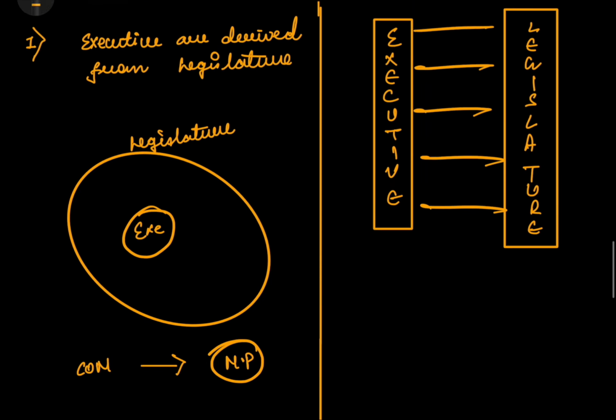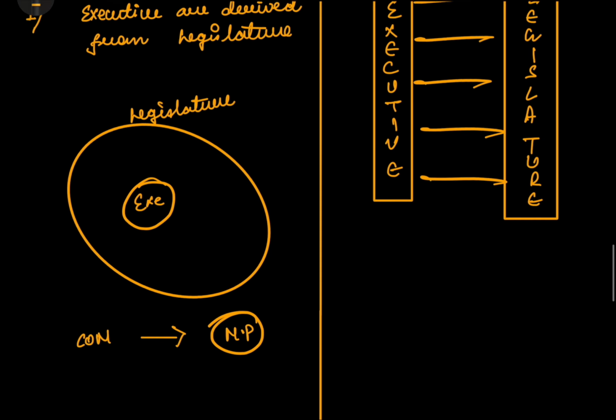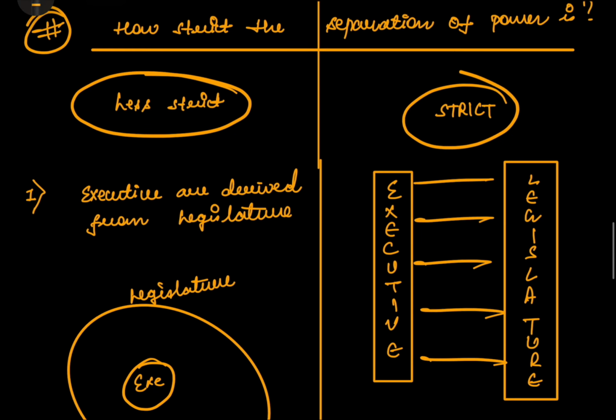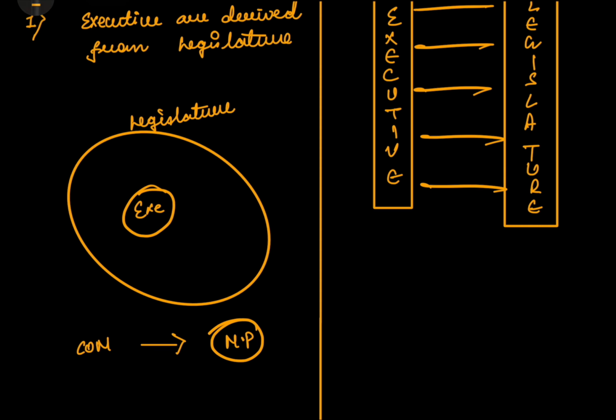So what can we derive from this? That the separation of power is less strict, क्योंकि executives are derived from the legislature only. They have to be responsible to the legislature. They are answerable to the legislature. They can be held responsible by the legislature. They are born in the legislature. So there is no strict separation of power.